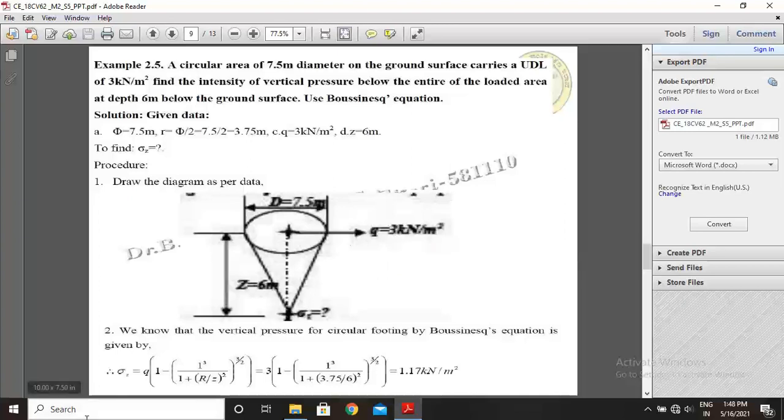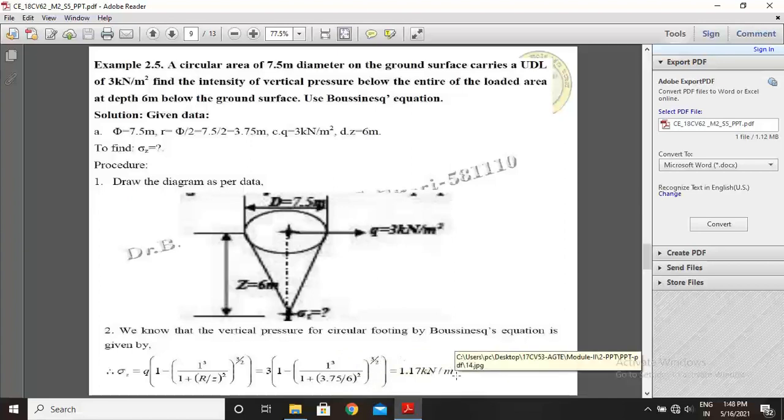We know that the vertical pressure for a circular footing by Boussinesq's equation is given by sigma Z equal to q times [1 minus 1 by (1 plus (R by Z) square) whole to the power of 3 by 2]. So by using this equation, substitute the values: q is 3 into [1 minus 1 by (1 plus (3.75 by 6) square) whole to the power of 3 by 2].